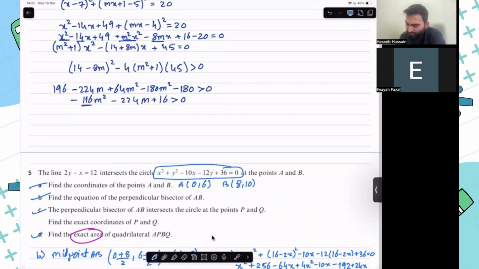Can we take 16 common from these? I don't think so. I think we can take 4 common.